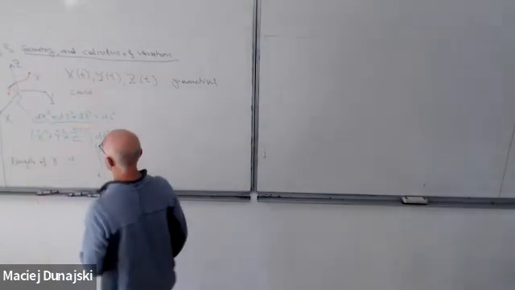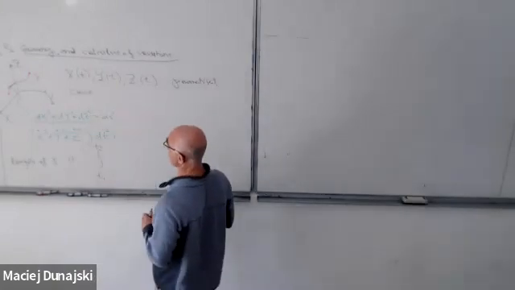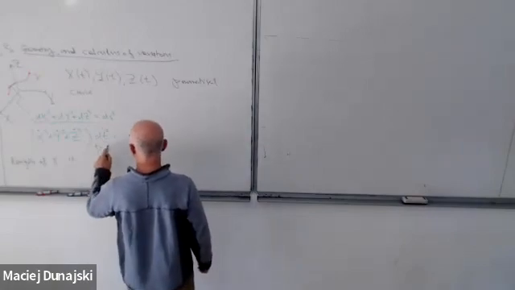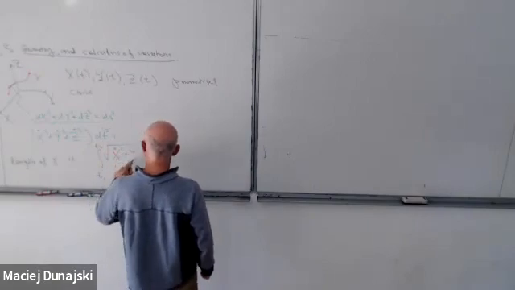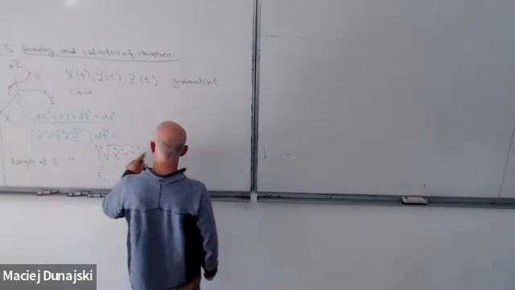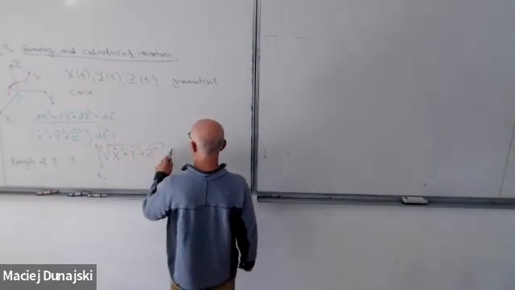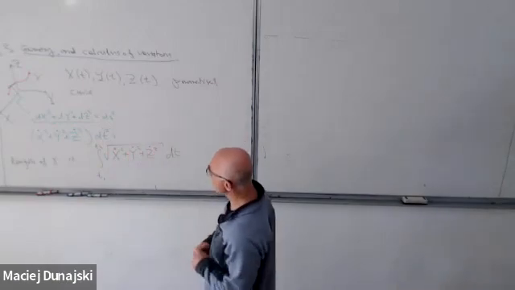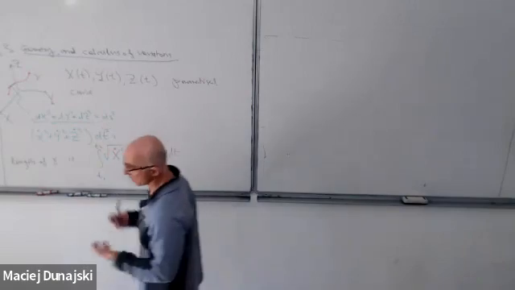These are the values of the parameter corresponding to the end point and the start point of the curve, of the square root of this line element, which is the square root of x dot squared plus y dot squared plus z dot squared dt. Okay? Well, that's how you calculate the length of a curve in space of any dimensions.